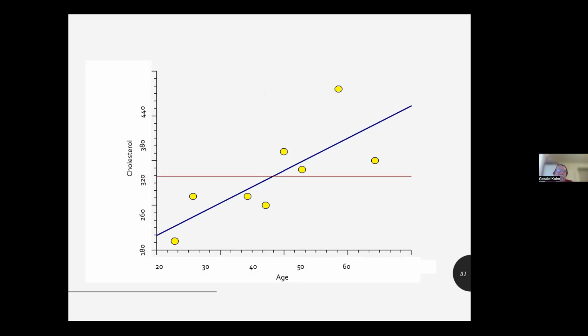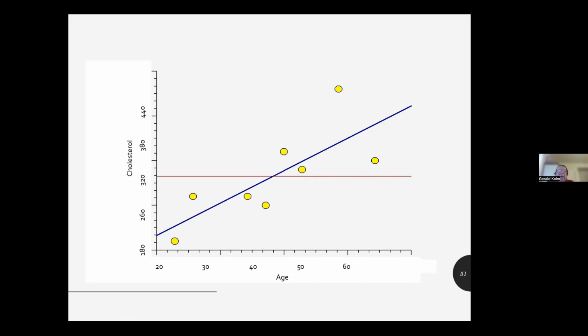I've plotted some points here for each individual, their age and their corresponding cholesterol level. In addition to looking at the correlation, the relationship, we want to look at the linear relationship. So we want to find a straight line that best fits the data.